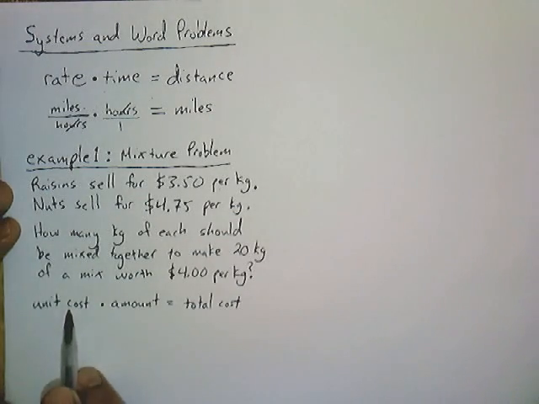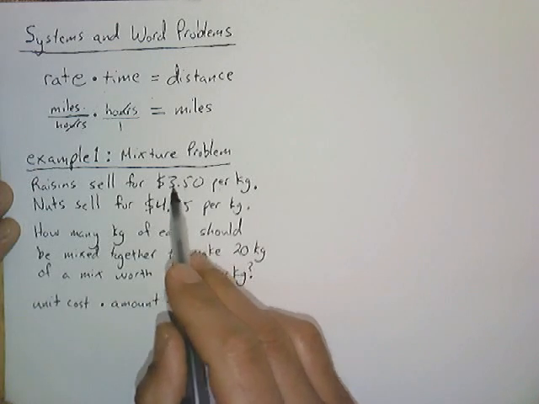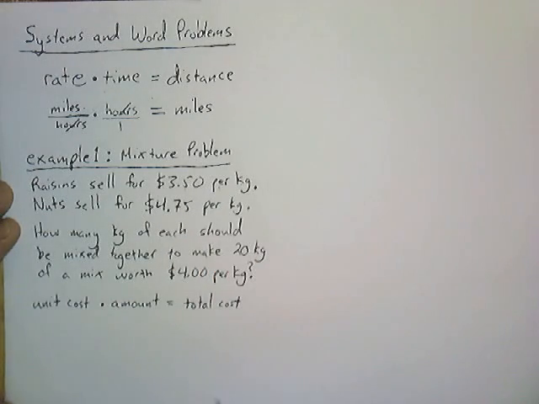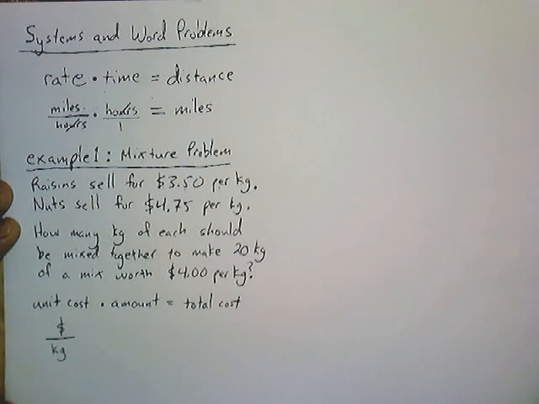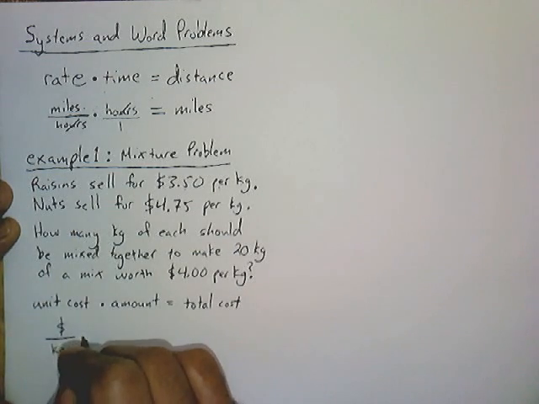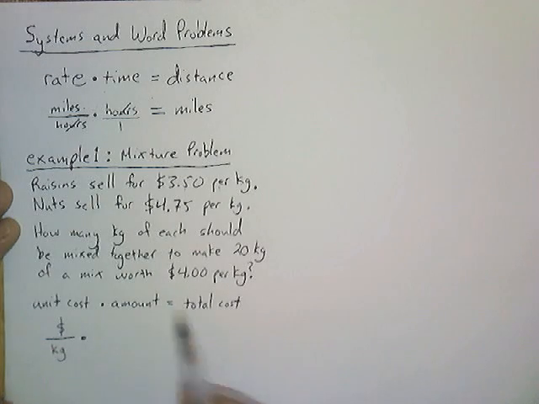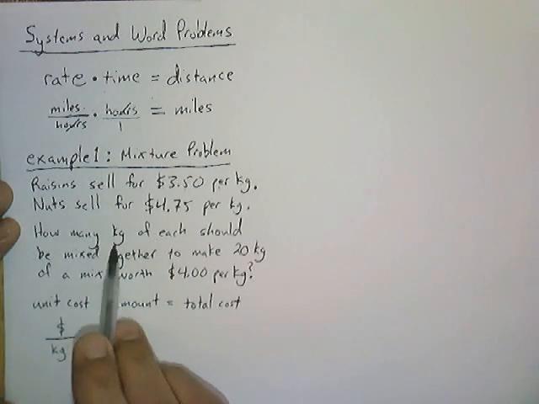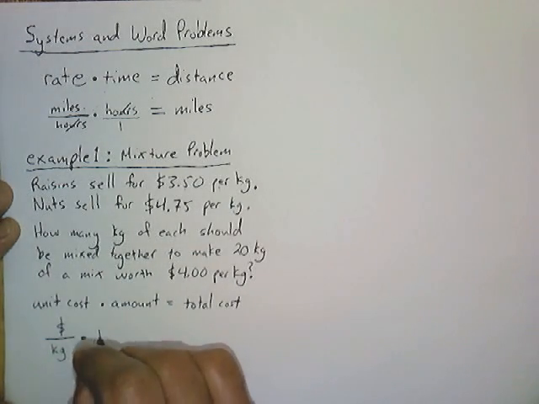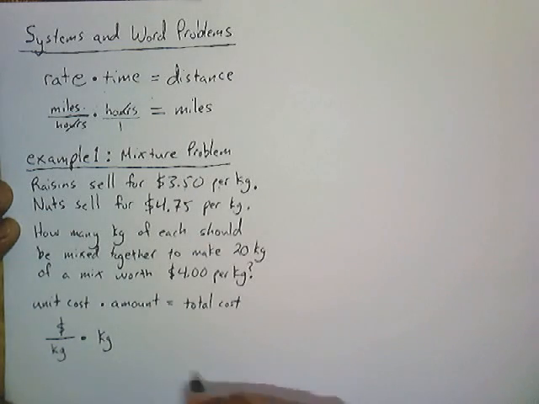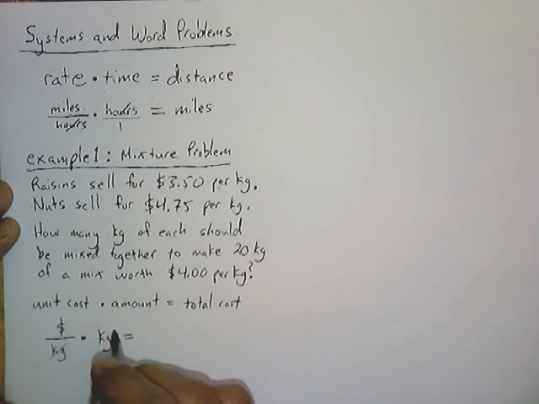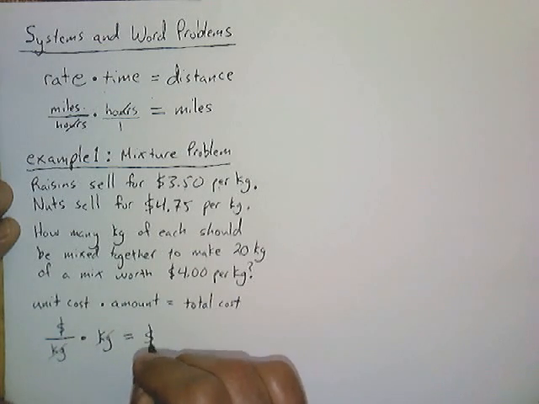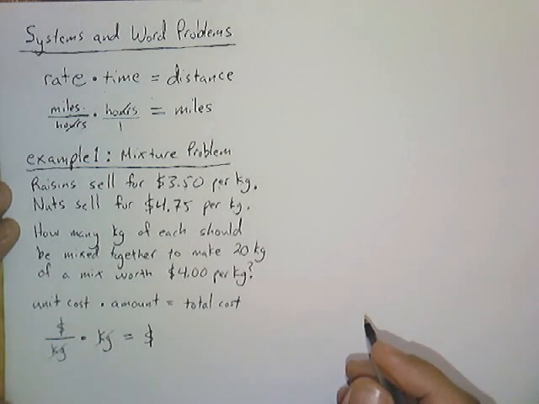The unit cost for each of these things is in dollars per kilogram. And if we multiply that by the amount of each, which is of course going to be in kilograms, how many kilograms of each do we want? That's going to equal the total cost. Kilograms cancel out. Total cost is going to be in dollars. Okay.